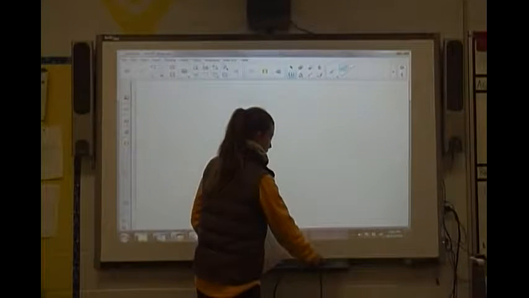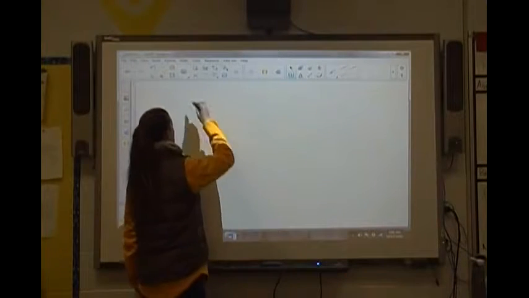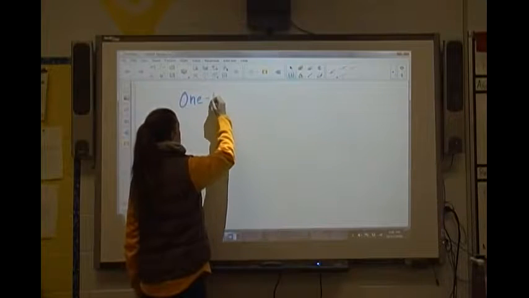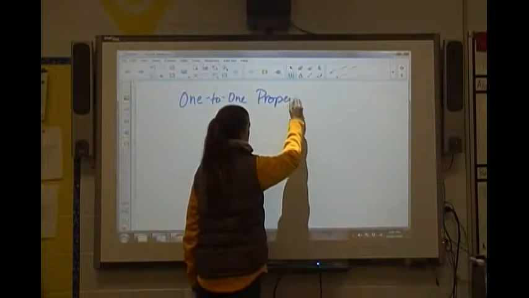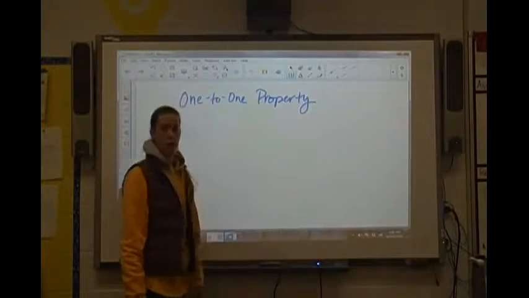The one-to-one property of logarithms and exponentials.